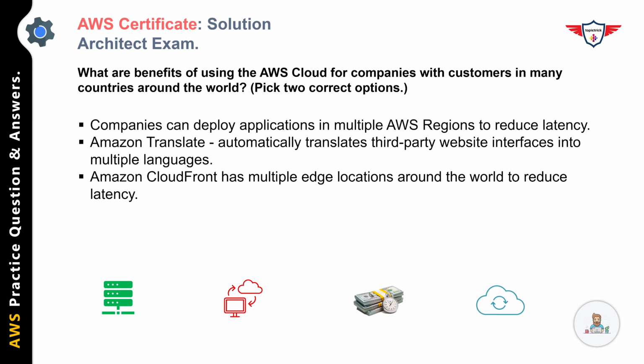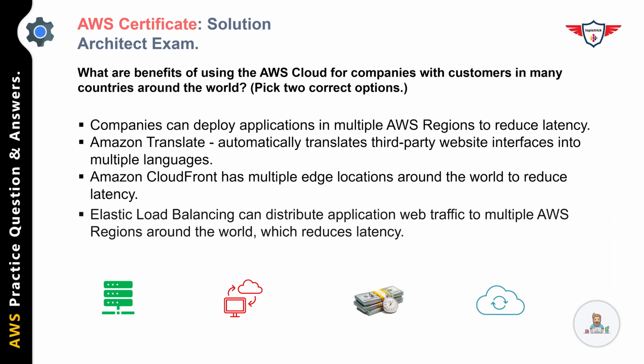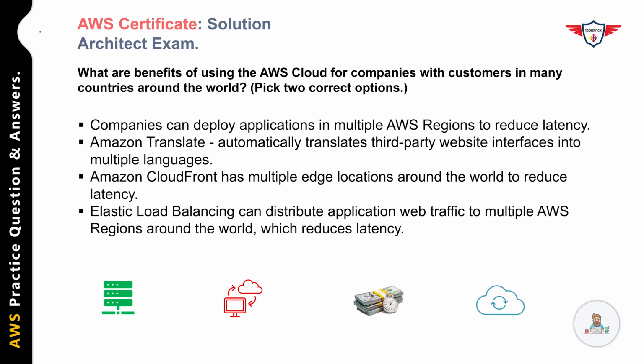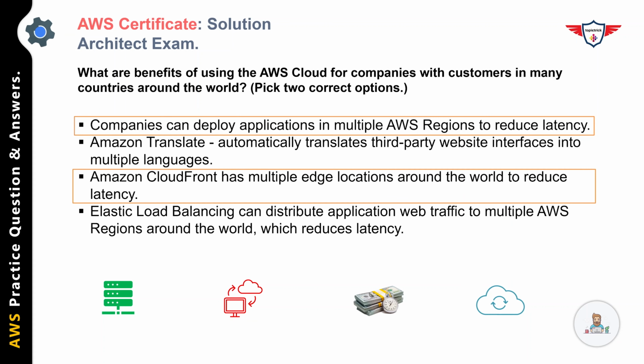Amazon CloudFront has multiple edge locations around the world to reduce latency. And the last one is Elastic Load Balancing can distribute application web traffic to multiple AWS regions around the world, which reduces latency. The correct answer is company can deploy applications in multiple AWS regions to reduce latency.